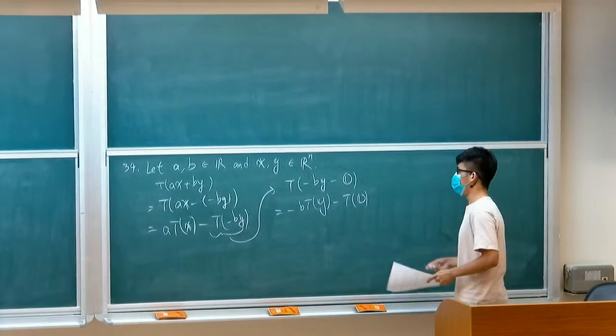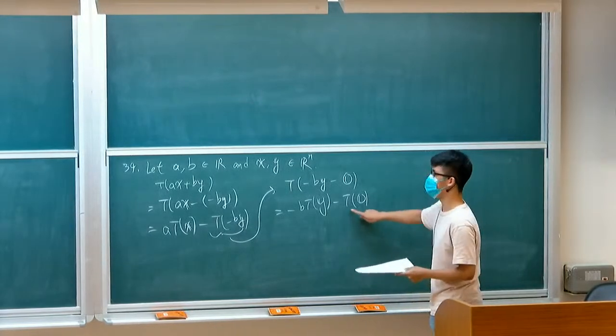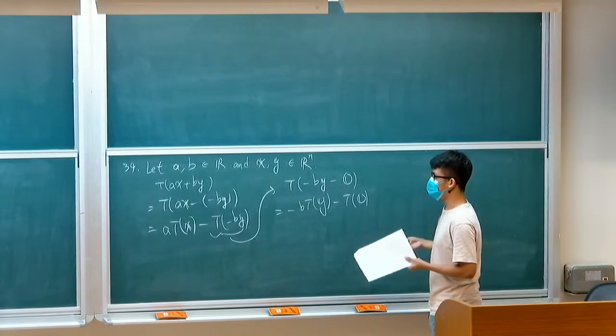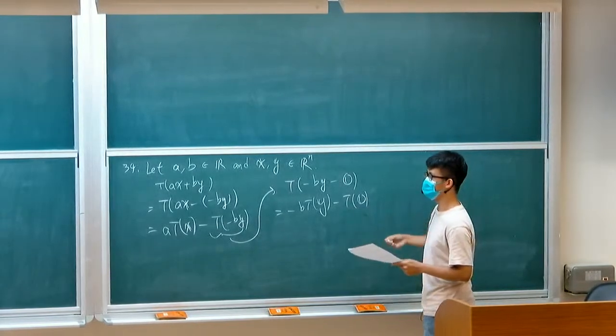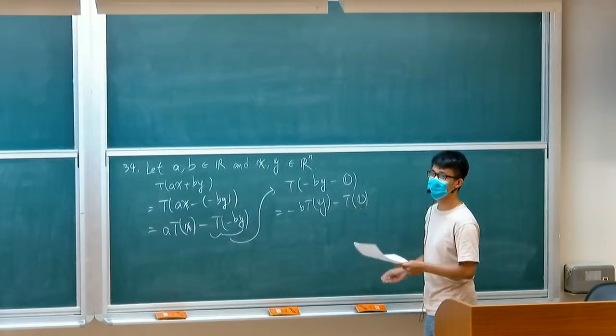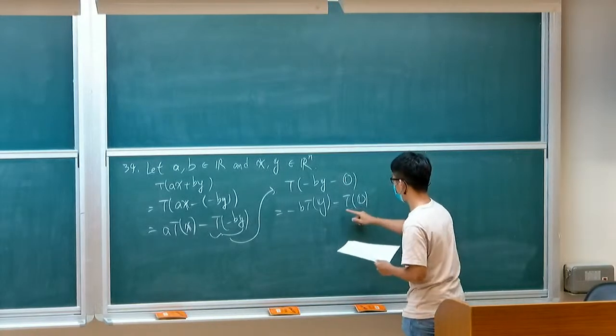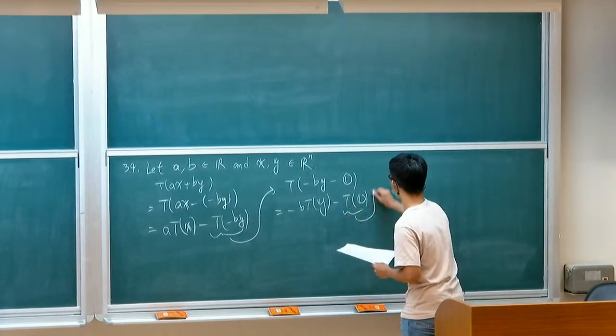Some of you may just think this is zero, but in these conditions we need to make sure, because this is not necessarily zero. So is this zero vector? Let's find out.